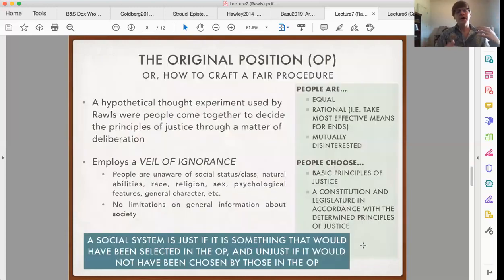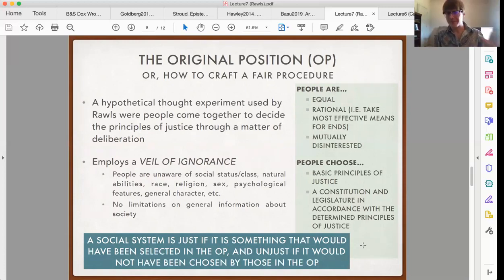Okay, so how are we going to figure out what it is that people desire? How do we figure out what social structures people would consent to? Rawls gives us a kind of formula.